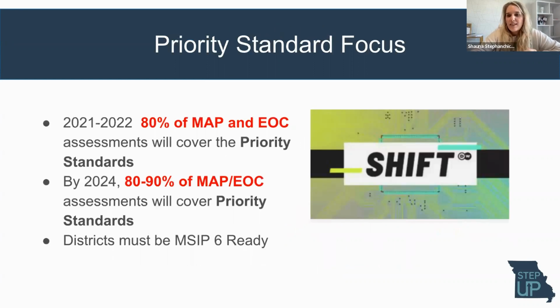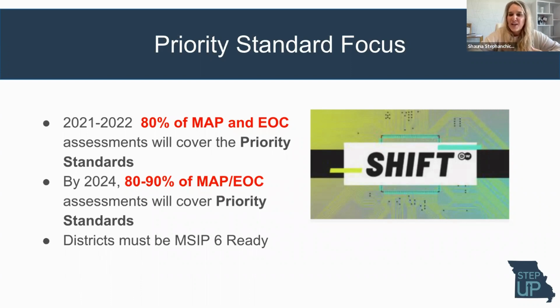We're going to talk a lot today, and when we recommend proficiency scales, we recommend you always start with the priority standards, and we would encourage you to be using that state list, the recommended priority standards from the state, because we know over the next few years, by 2024, 80 to 90% of our MAP and EOC assessments will be over the priority standards.